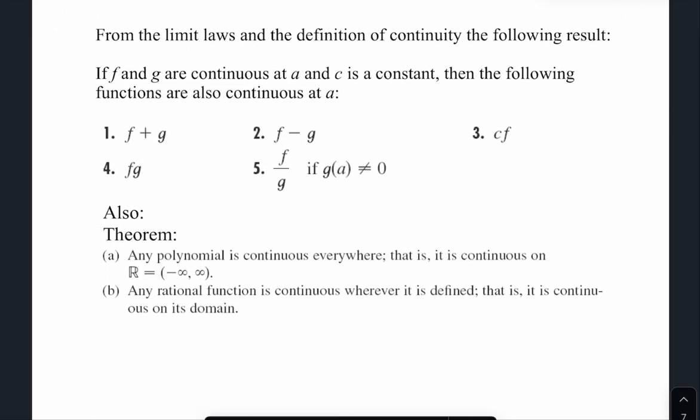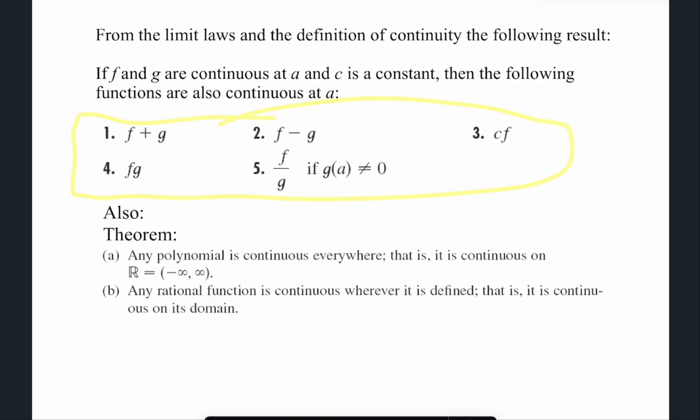Okay, some things to know that are really nice. Let's just highlight some stuff, okay? From the limit laws, if f and g are continuous and a and c are constants, then you can add the functions. They'll still be continuous at that same point. You can subtract them. You can multiply by a constant. You can multiply them. You can divide them.